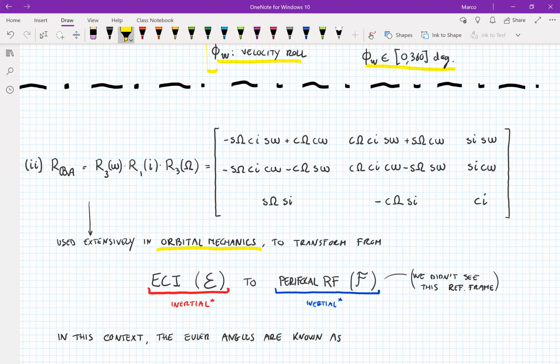We didn't describe this reference frame, and don't worry about it. Probably I'm going to mention it later on.